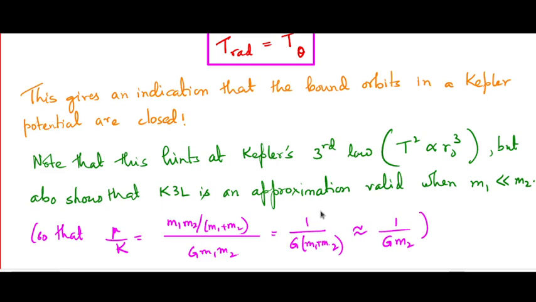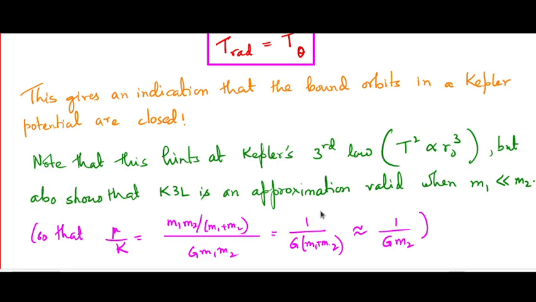So what you have is m1 m2 by m1 plus m2 in the numerator. So the ratio is not actually 1 over G m2, it's actually 1 over G times m1 plus m2. So the mass of the planet also comes in the expression, and different planets, of course, have different masses. So m1 plus m2 will be slightly different for each one of them.